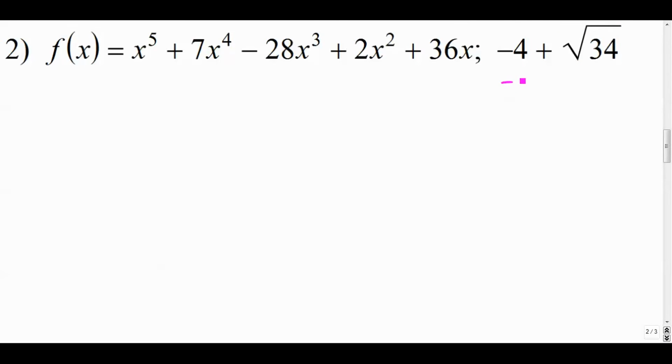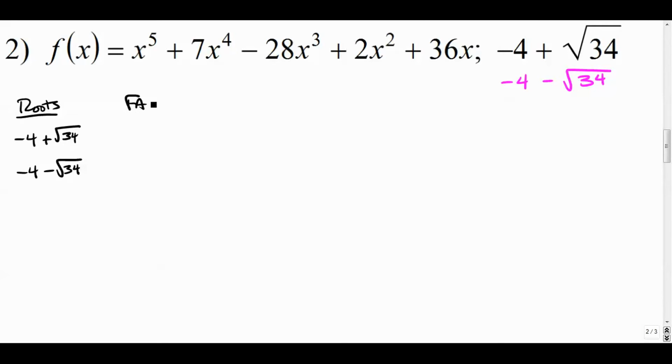Its partner root is -4 minus the square root of 34. And that sort of comes from the plus and minus of the quadratic formula. So what I want to do is turn both of those roots into factors and multiply them.